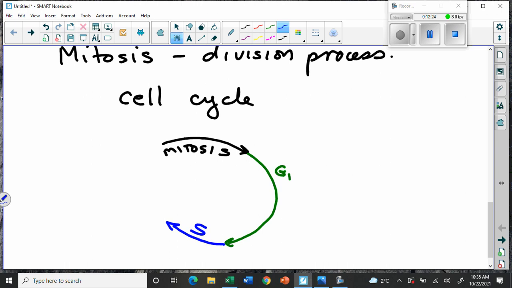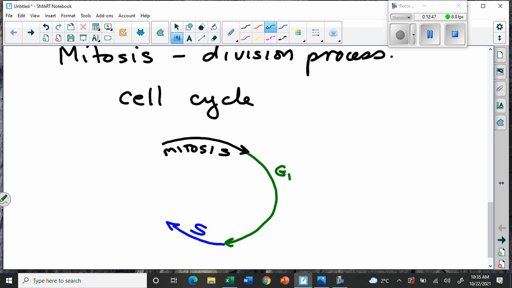This is called the S phase, which stands for synthesis. This is the phase where the chromosomes double up. So it's the chromosome replicating phase. I should say the DNA replicating phase, because I haven't explained what chromosomes are just yet, but I will soon. So that's when the DNA copies itself.